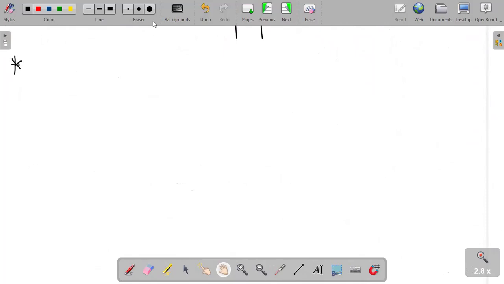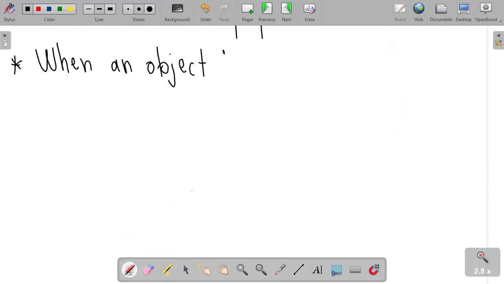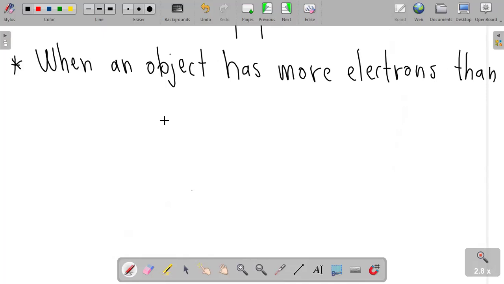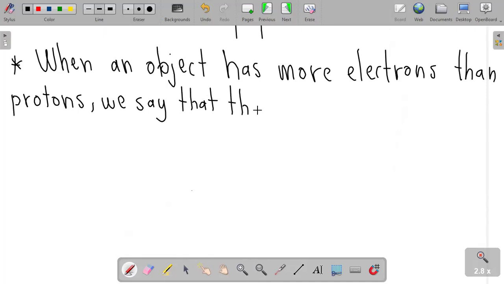Now the next points that you need to know: when an object has more electrons than protons, we say that the object is negatively charged.